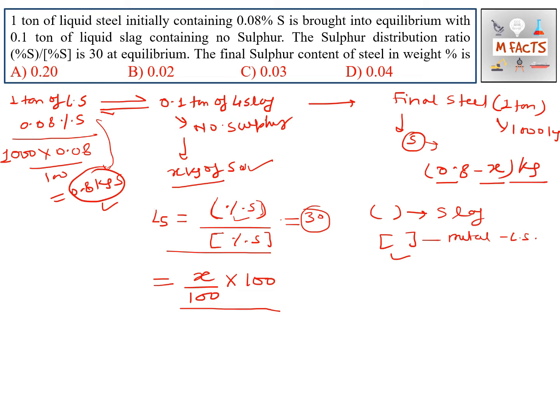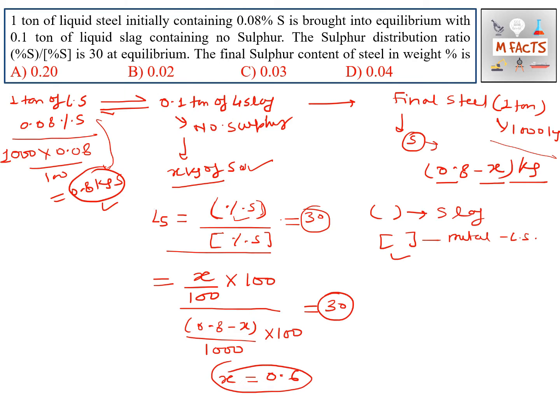Percentage sulfur in liquid metal is 0.8 minus x by 1000, because the weight of the final steel is 1000 kg, multiplied by 100. The ratio of these will be equal to 30. From here we find the x value, and we get x equal to 0.6.